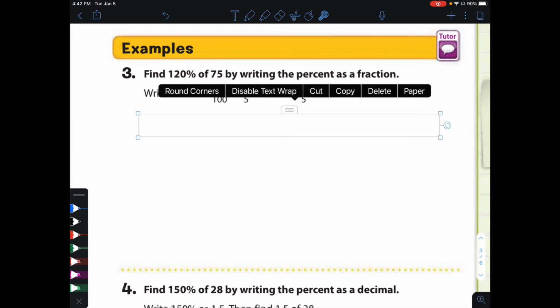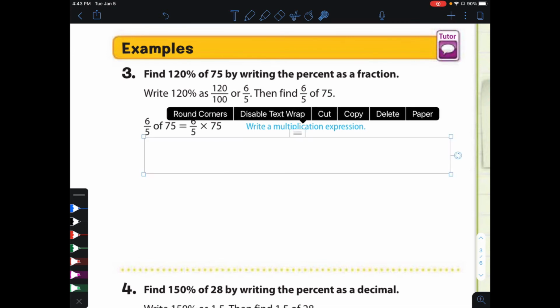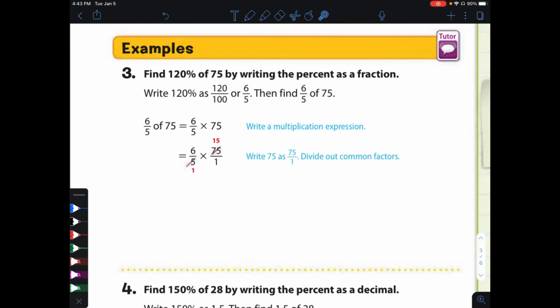So basically what happens there is that you get 6 over 5, which is the fraction form of 120%. Of 75 becomes 6/5 times 75. Using our cross-canceling skills, we can cross-cancel the 5 and 75 because they have a greatest common factor of 5. 5 divided by 5 is 1. 75 divided by 5 is 15.